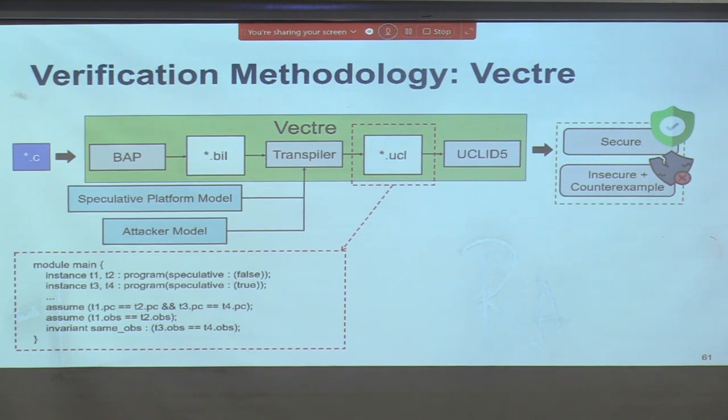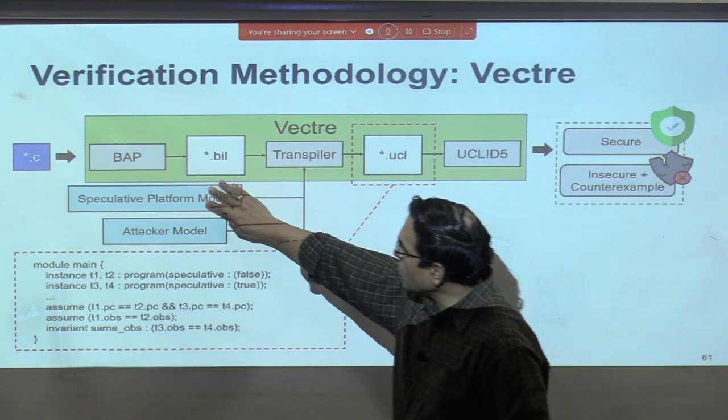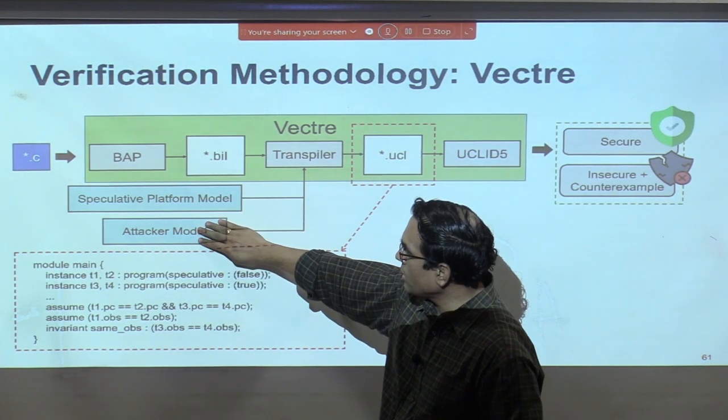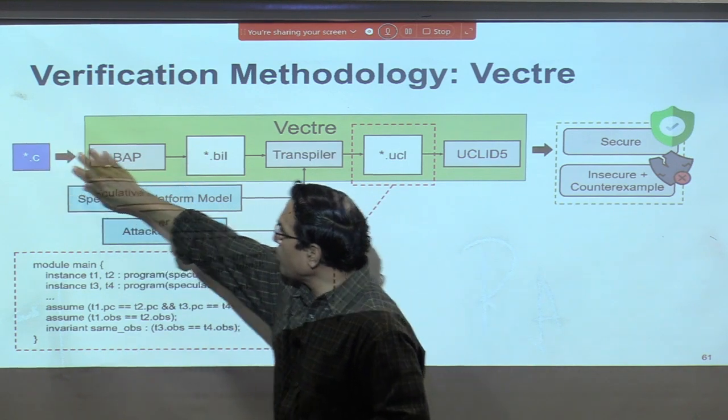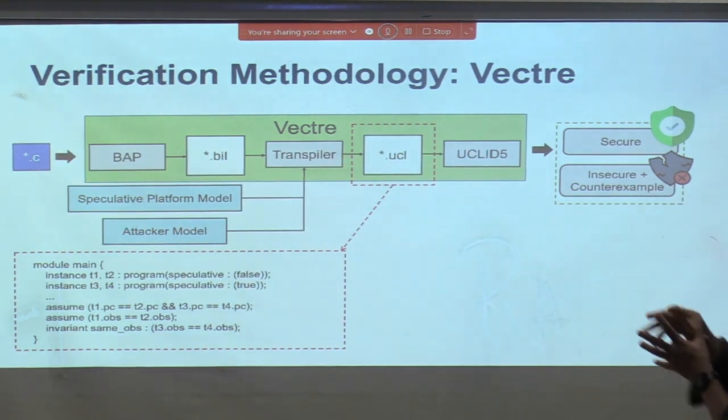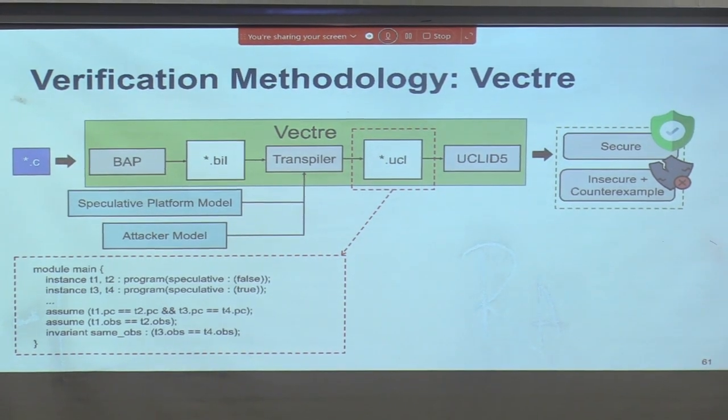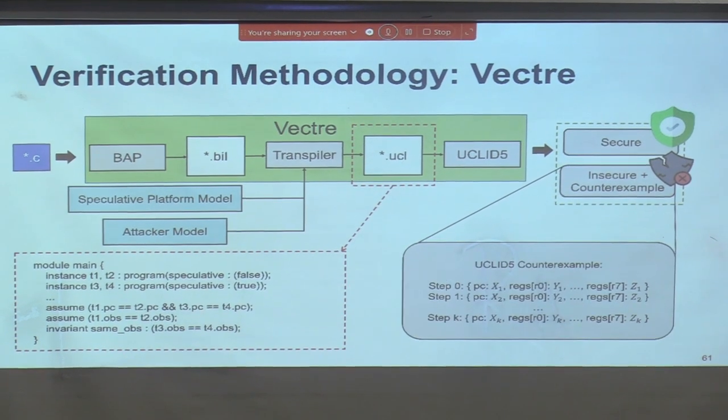Okay, so that's what it's doing. So you can think of these as sort of a hardware model. This is a model of another process. This is a software model. And so you're able to have this combined hardware-software modeling in UCLID5. And then if it's insecure, you get a counterexample.